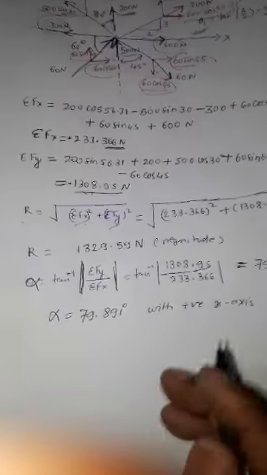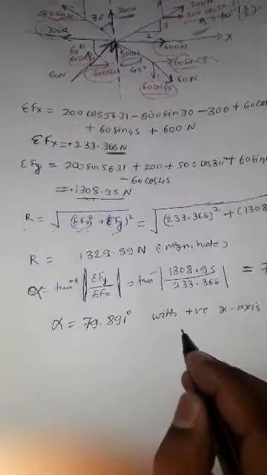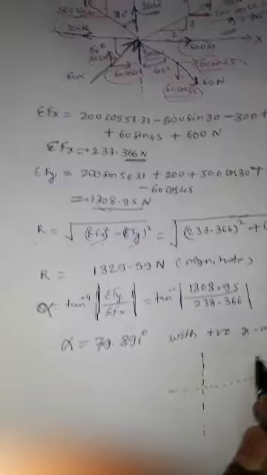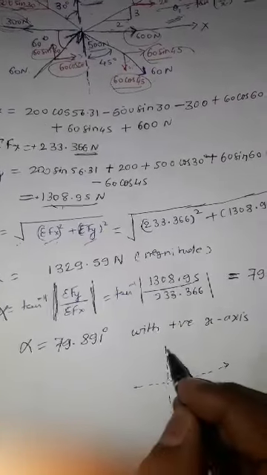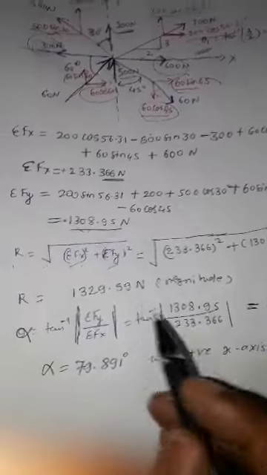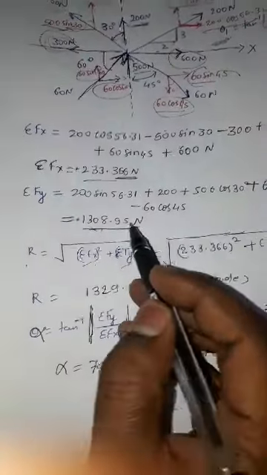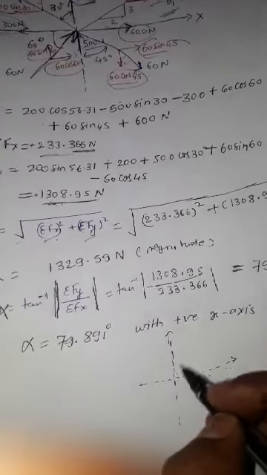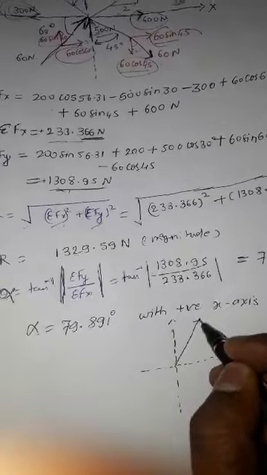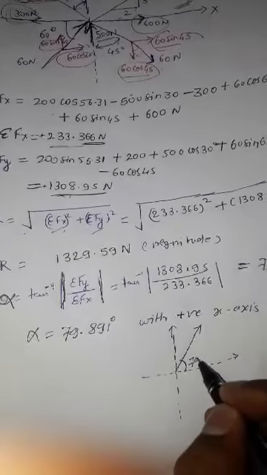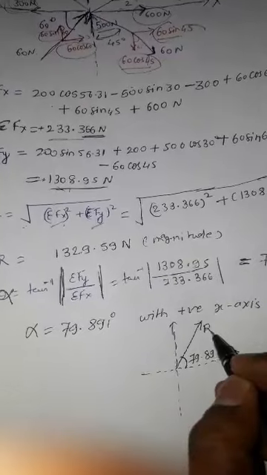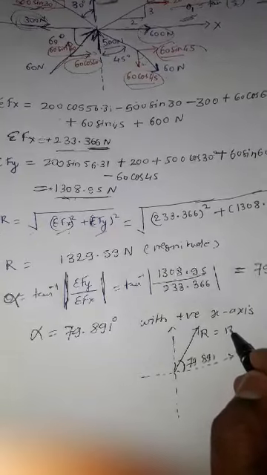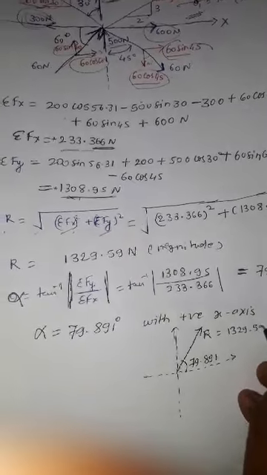Okay, now I am going to show the resultant in a quadrant. I am first drawing the dotted line for the coordinate axes. This is my x axis, this is my y axis. Summation Fx value is positive, summation Fy value is positive. Both components are positive, so the resultant lies in the first quadrant, making an angle of 79.891 degree, and it is like this, R, 1329.59 Newton.